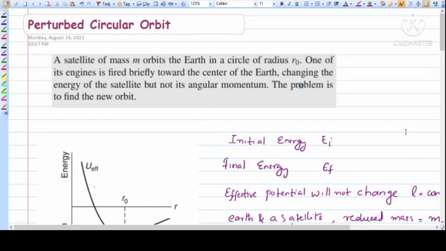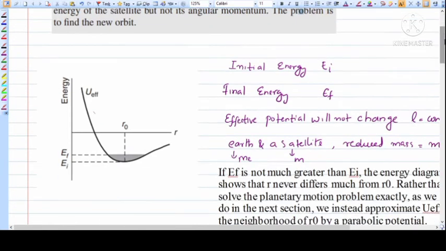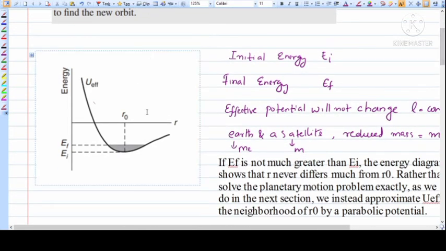So, the energy diagram. Here it is shown that the initial energy of the satellite is EI and the final energy is EF.